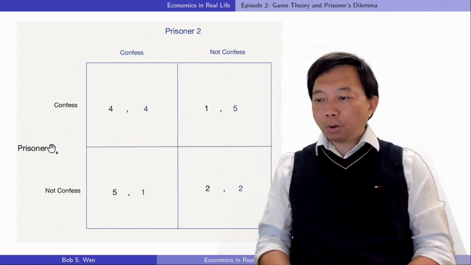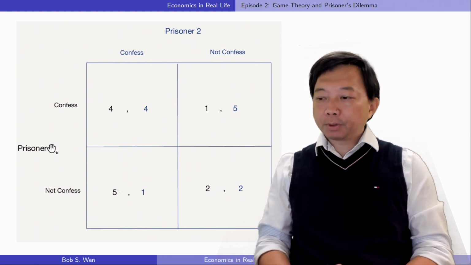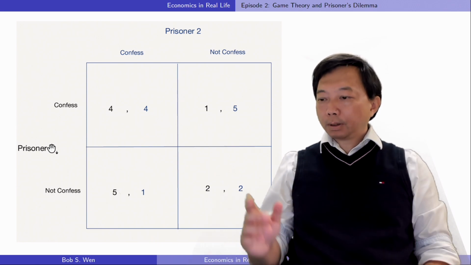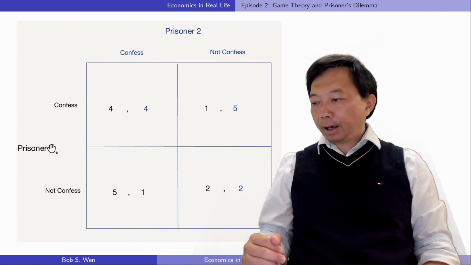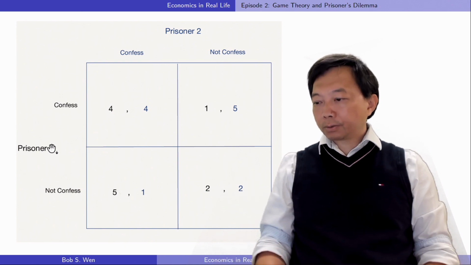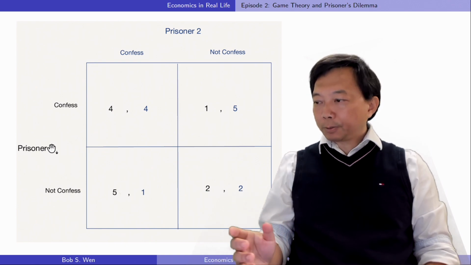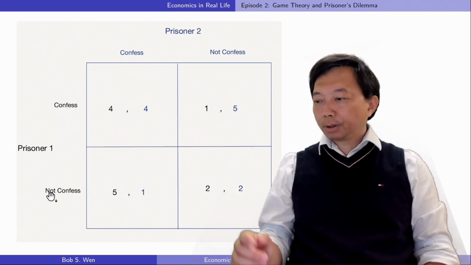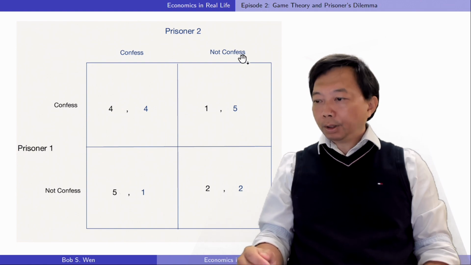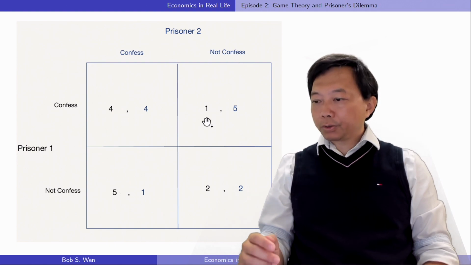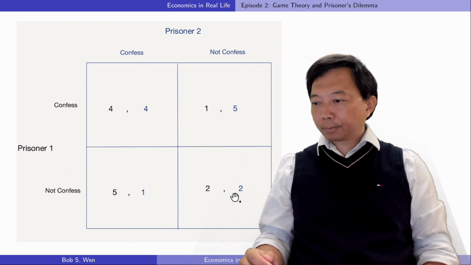The table is called the matrix form in game theory. This table shows the choices of suspects and the corresponding sentences. Each suspect has two choices: confess or not confess. The 4 cells of the table show the consequences.